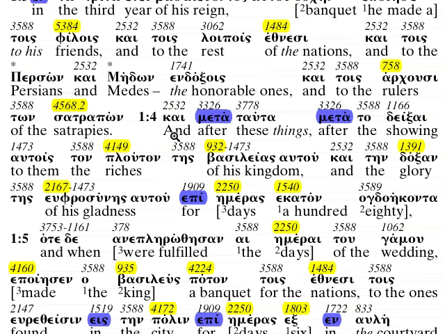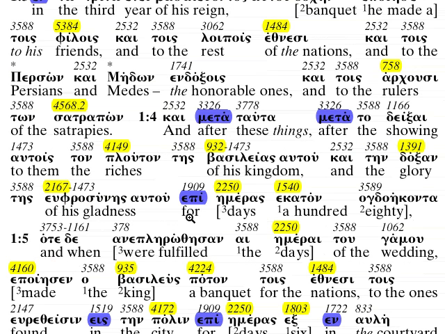But this one, after these things, and after the showing to them the Pluton, Pluto, the god of riches, and the name of the planet, or the English derivatives, of his kingdom, and the doxon, the glory, the doxology in the liturgy, of his gladness, ephrasis, gladness in English, epi, for 180 days.